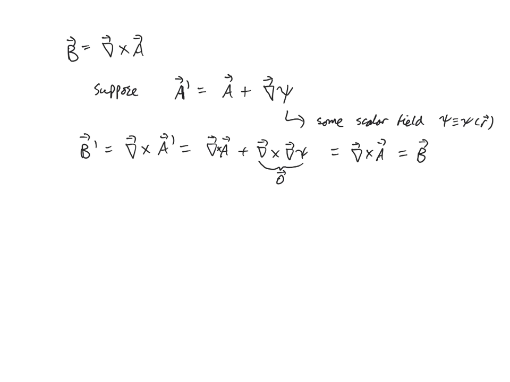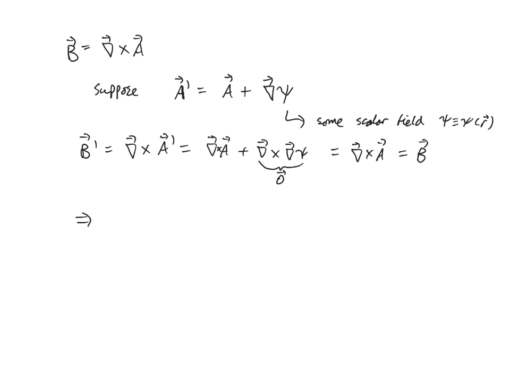So when we're dealing with potentials, we can choose any constant to add to the scalar potential, and the gradient of a scalar field to add to the vector potential, and this will leave physical properties unchanged.